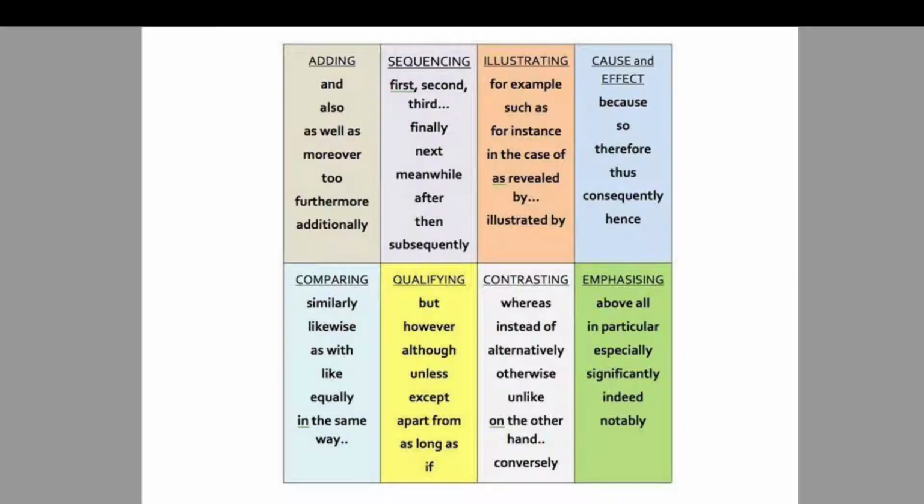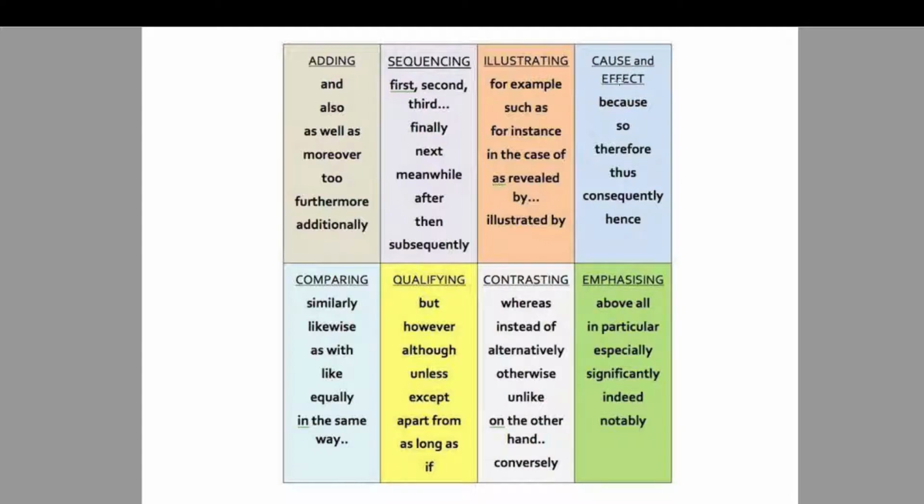So why don't you take a look at this sheet right here, and you can pause this and write this down if you need to. And you could say that this is a pretty complete list of transition words. So here is adding, sequences, illustrating or examples.